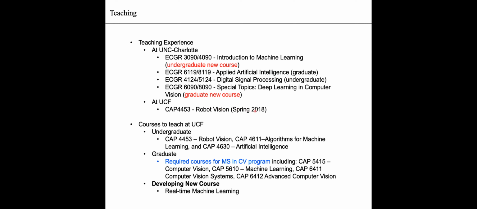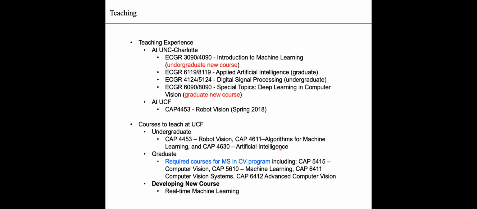At UCF, when I was a postdoc, I taught a robotic vision course in spring 2018, which was an online course. Different universities were able to enroll in this robotic vision online course. There are a couple of courses I am comfortable teaching at UCF. At the undergraduate level, I am able to teach robotic vision, algorithms for machine learning, and artificial intelligence.